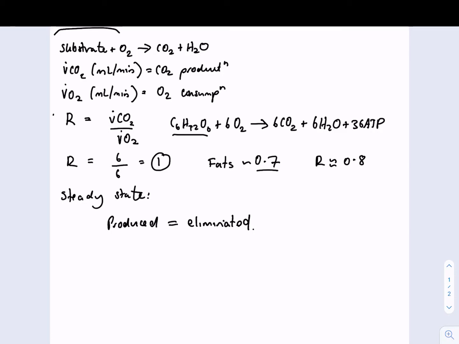So the amount of carbon dioxide produced is equal to the amount of carbon dioxide eliminated. Now, where does carbon dioxide get eliminated? Well, it gets eliminated in the lungs. We breathe out carbon dioxide.